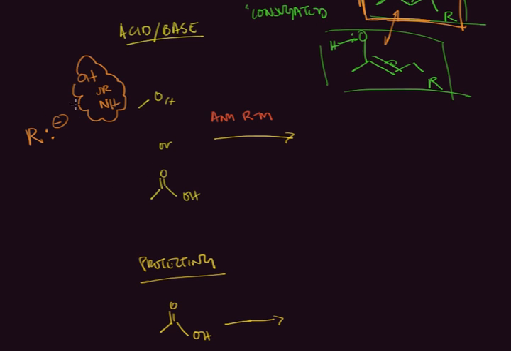it's not going to add to the partially positive charge. It's not going to add like a nucleophile normally would, and instead it's just going to do an acid-base reaction.